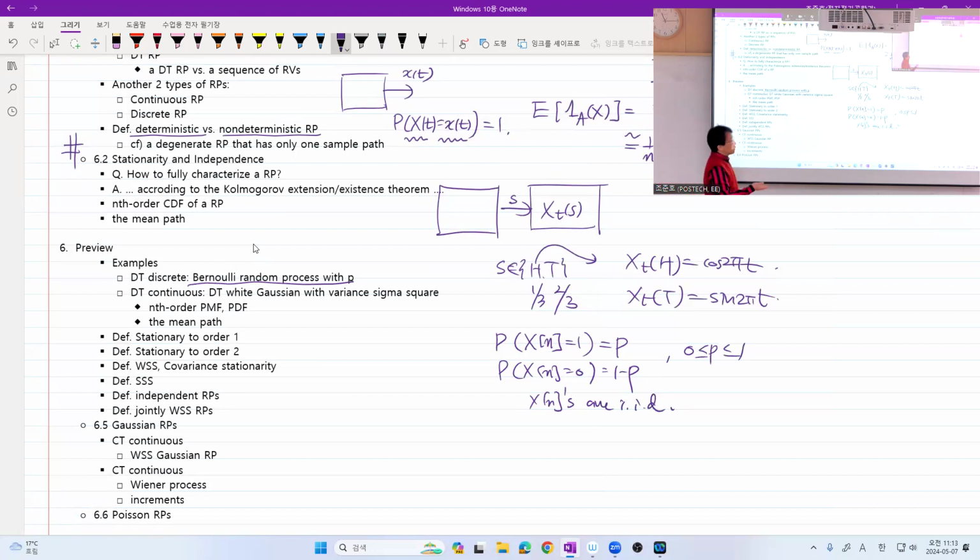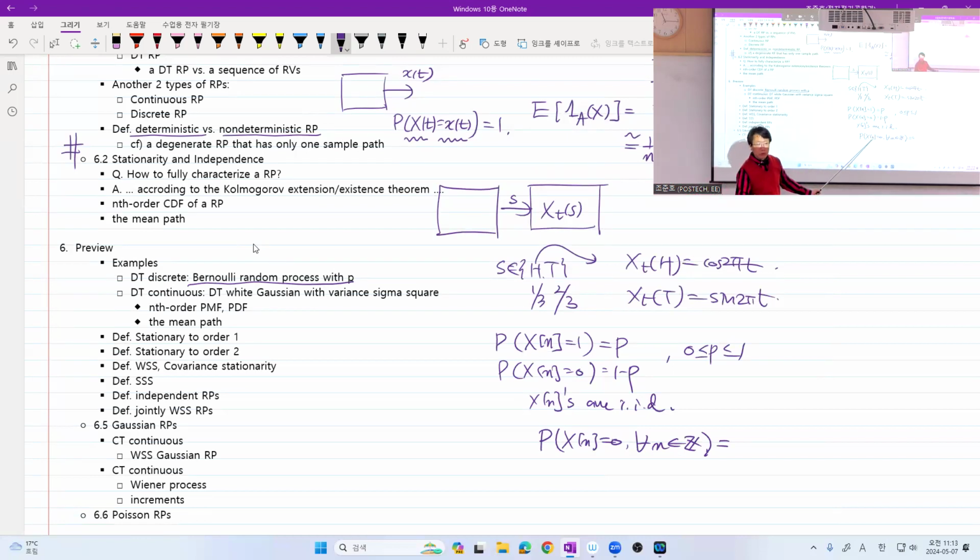So you have a sequence of numbers, either 0 or 1. And then let me ask you a question. What is the probability of this specific sample path to be realized, the probability of the event that you observe this sample path? All 0.